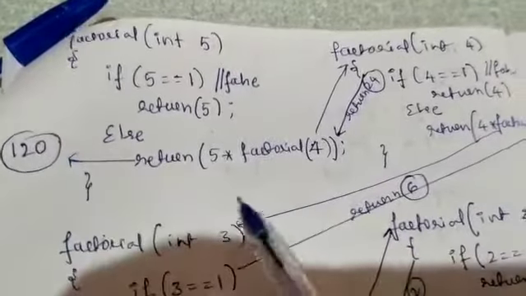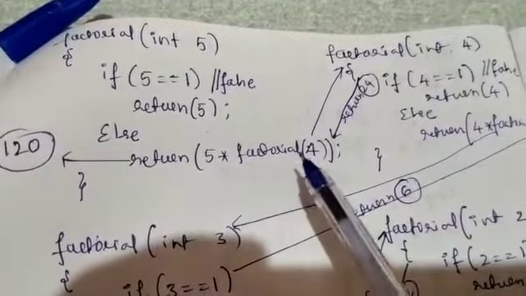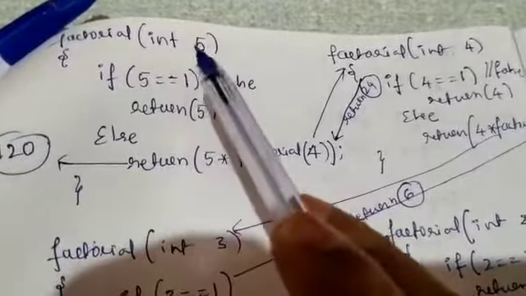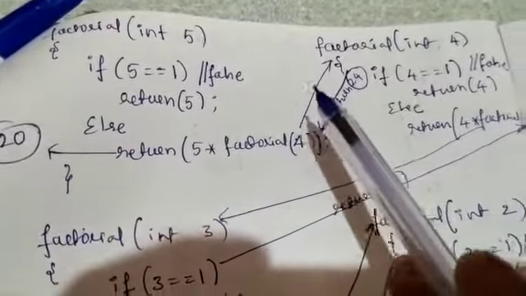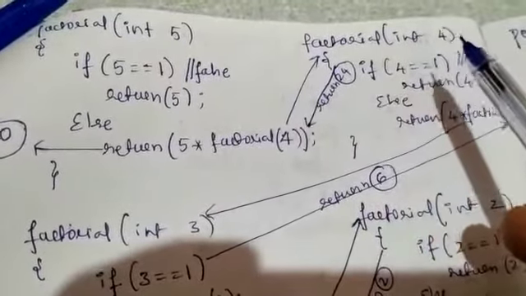When this function returns 5 into factorial of 4, immediately the function factorial of int 5 will call factorial 4. This arrow indicates the function is calling int 4.